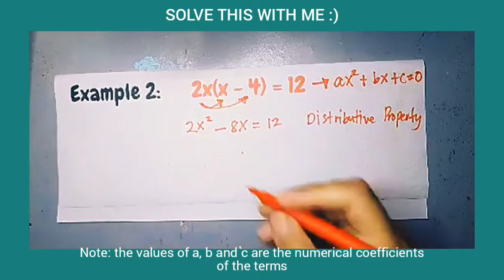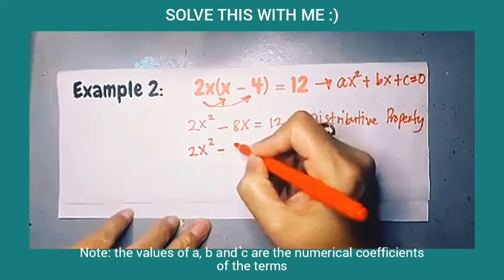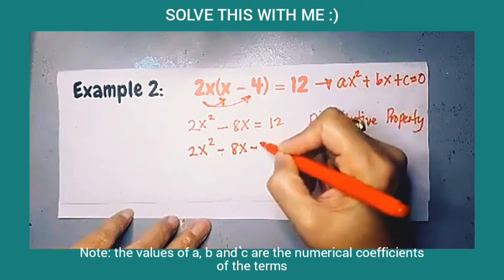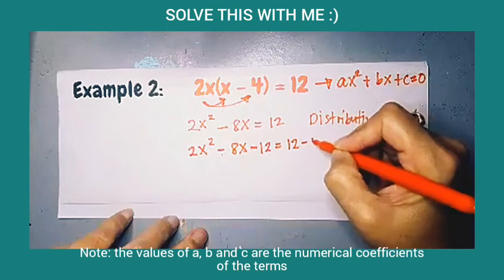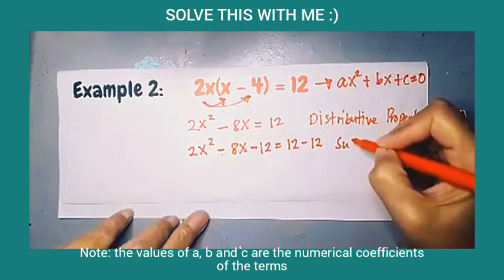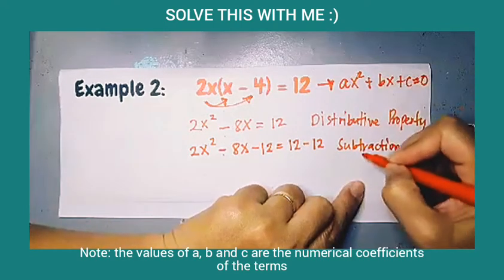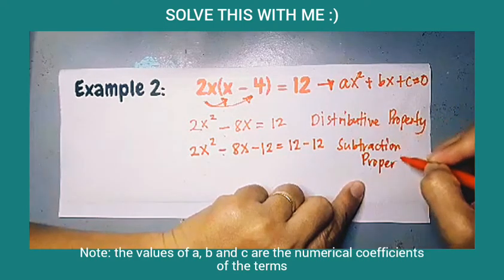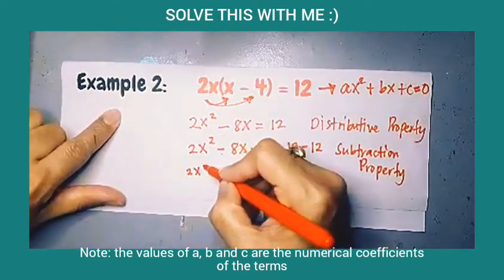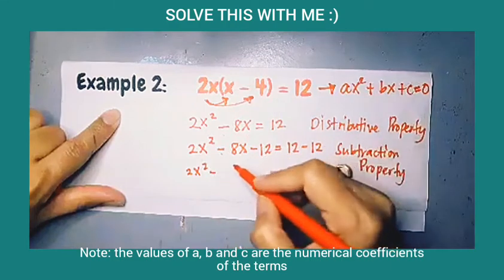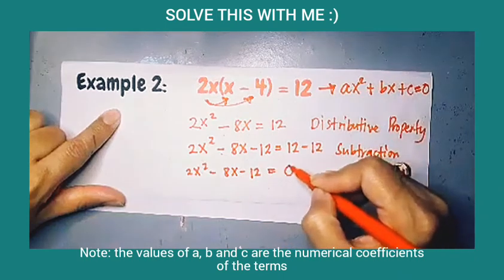So that would be 2x squared minus 8x minus 12 is equal to 12 minus 12. Again, this is by subtraction property. So this equation becomes 2x squared minus 8x minus 12 equals 0.